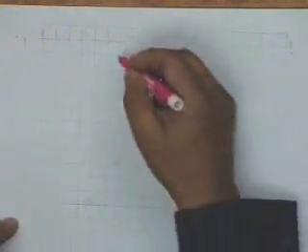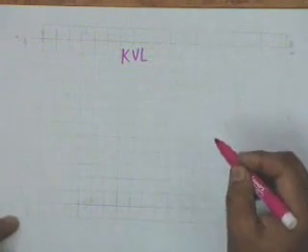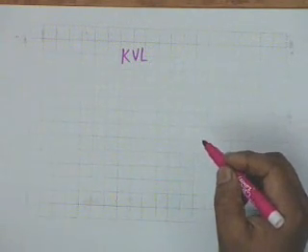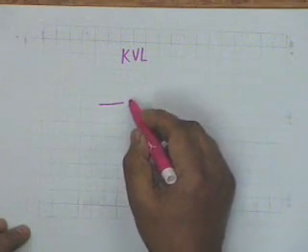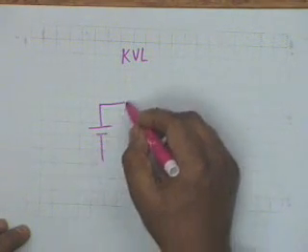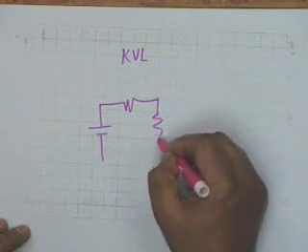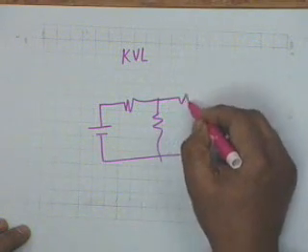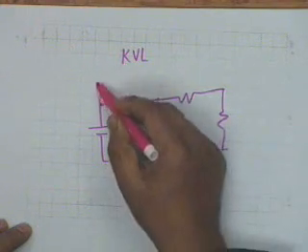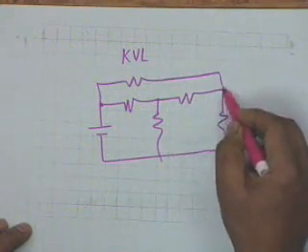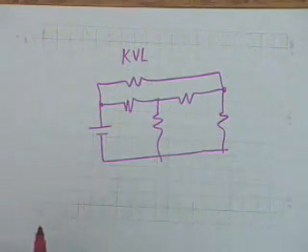KVL, on the other hand, relates to a closed path. For example, you have, let us say, a battery, a resistance, another resistance here, perhaps a fourth resistance, and perhaps another resistance. This is a network, all right.